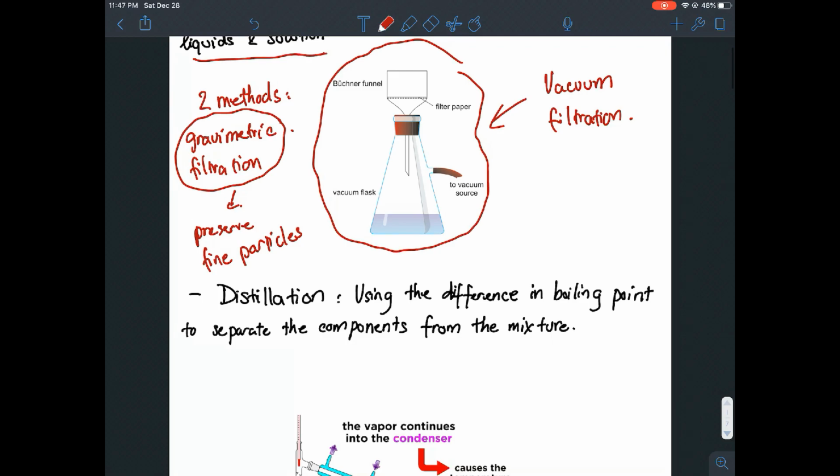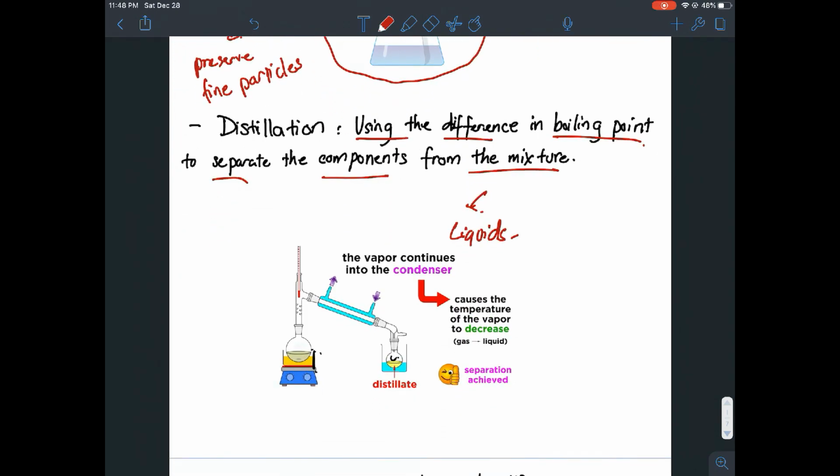Next, we have the distillation. Using the difference in the boiling point of the substances to separate the components from the mixture. This is usually used for the liquid. Okay, we have a basic distillation system as indicated in the picture.